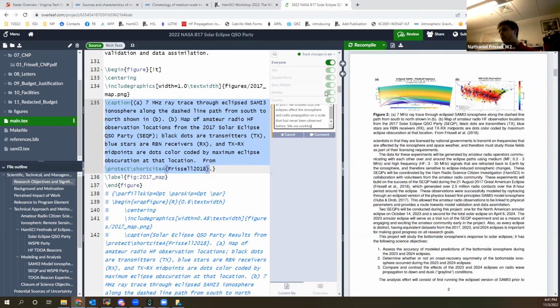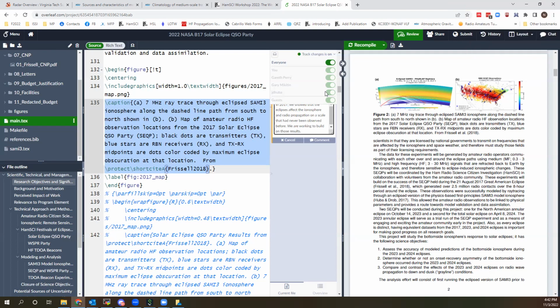We are working to build on those results. And what did you say after that, Pat? Well, with the higher density of observers and a more complete coverage.